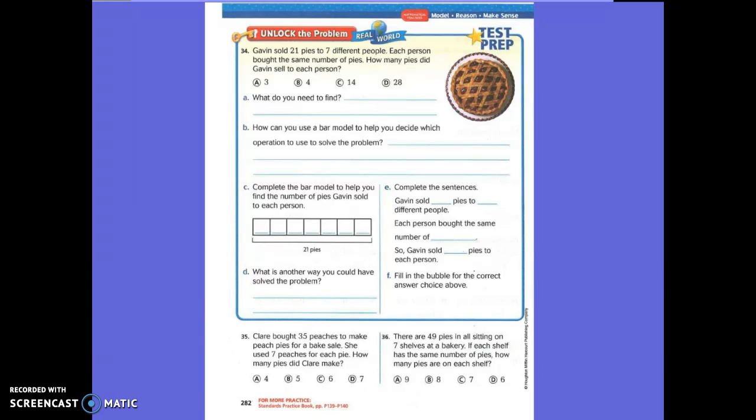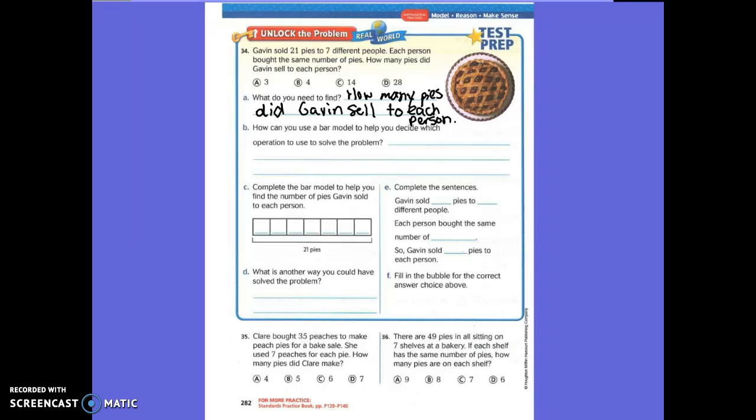Okay, what do you need to find? How many pies did Gavin sell? How can you use a bar model to help you decide which operation to solve the problem?